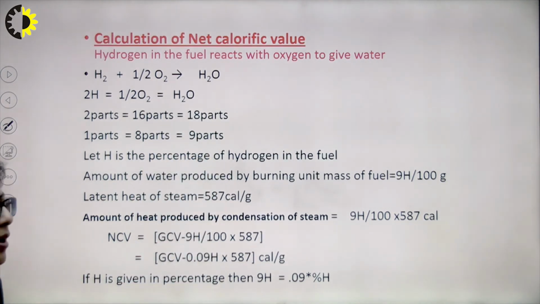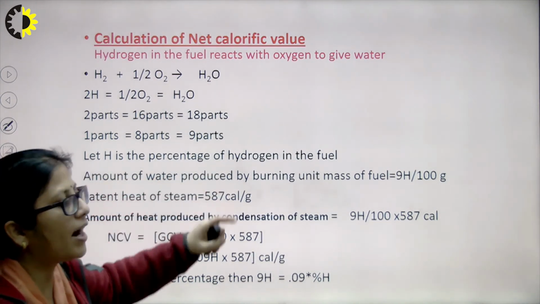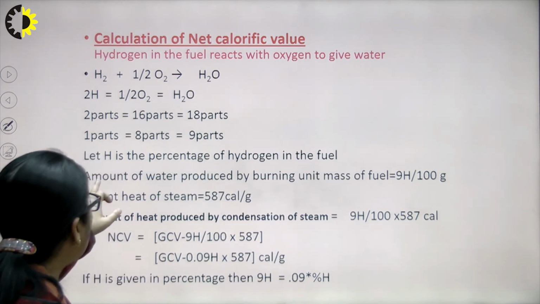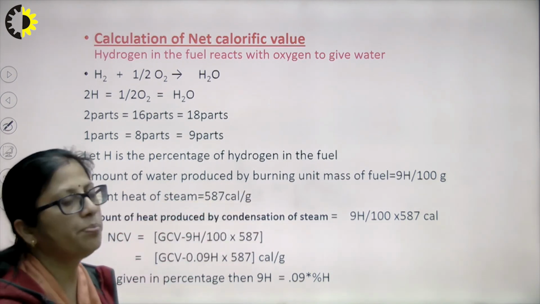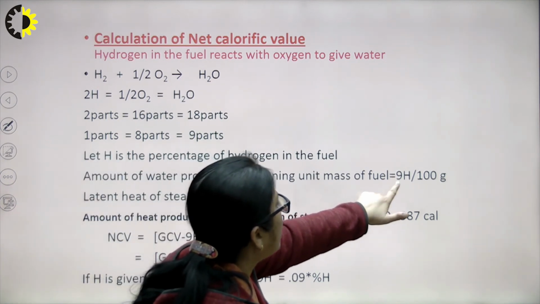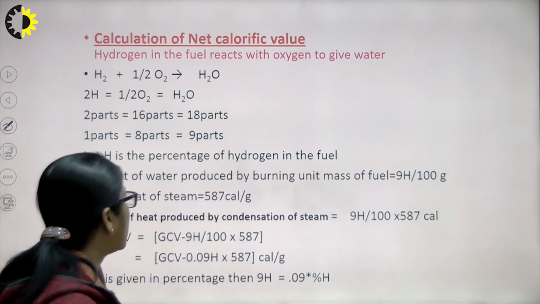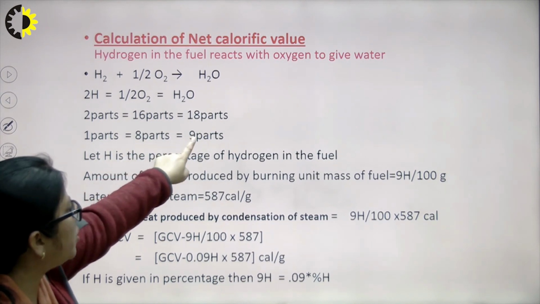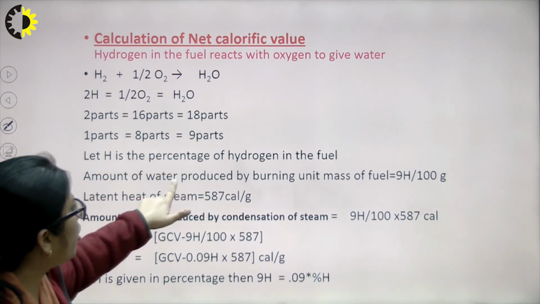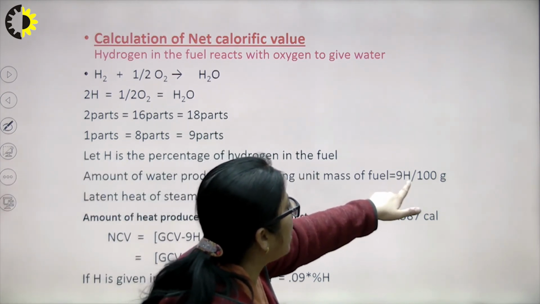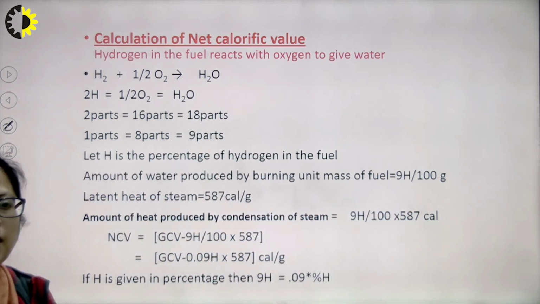Now let capital H be the percentage of hydrogen in the fuel. The amount of water produced by burning a unit mass of fuel will be equal to 9H divided by 100 gram. That means it is the amount of water. 1 part of hydrogen reacts to produce 9 parts of water, so the amount of water produced by burning a unit mass of the fuel will be 9 into H divided by 100 grams.